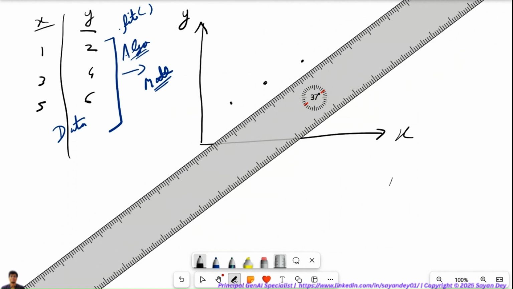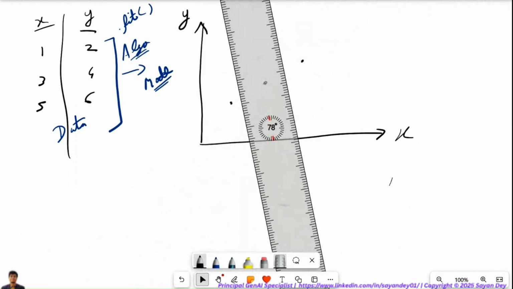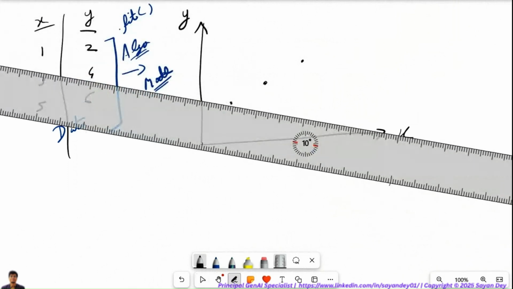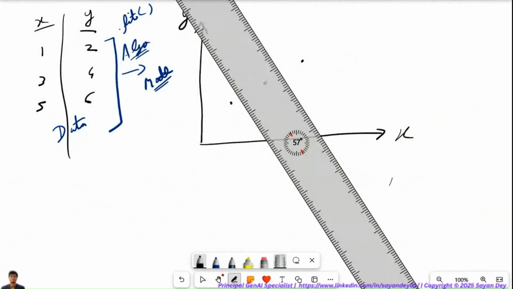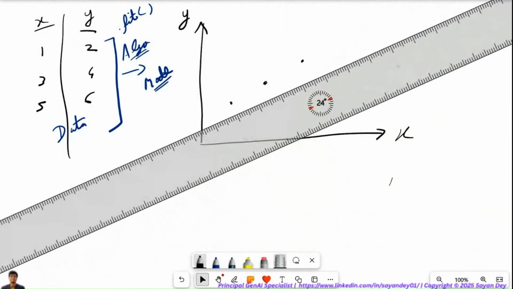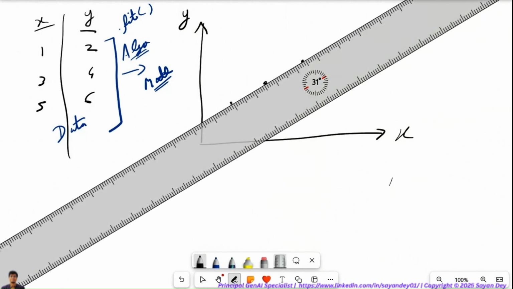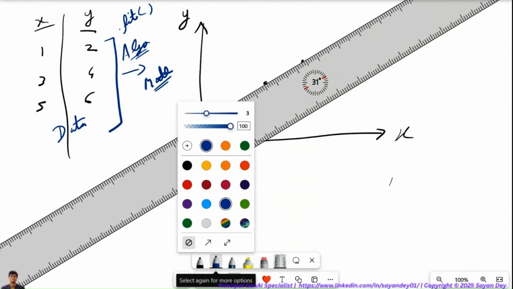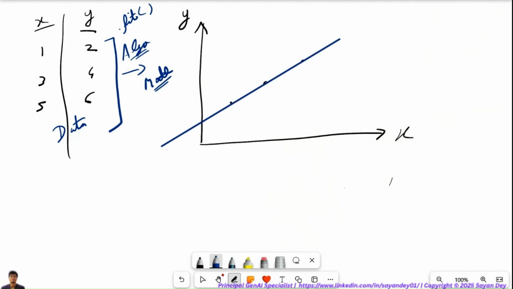Anyway, so now we are trying to find out. There are infinite number of lines we can draw, right? If you look at this two-dimensional mathematical surface, there are infinite number of lines we can draw. And out of all these infinite number of lines, we are trying to find out what is that line that best fits the points.